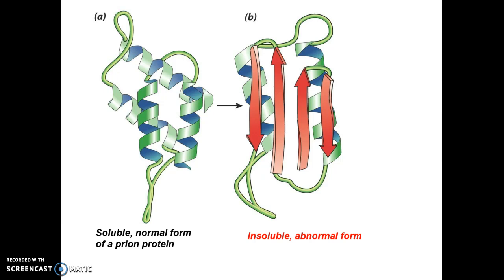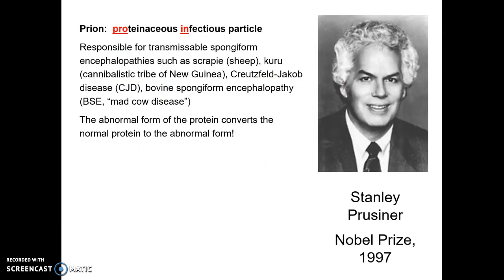This was originally discovered by Stanley Prusiner, and he called it prion disease because it was a protein that was infectious. If he gave this protein from the scrapie sheep to another sheep, then that sheep would get the spongiform encephalopathy just like the original sheep.